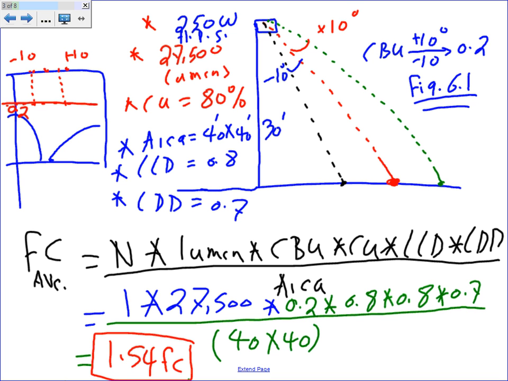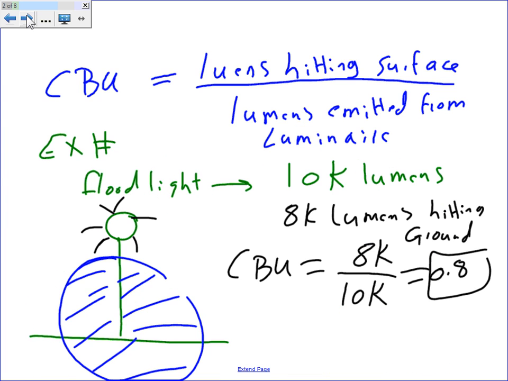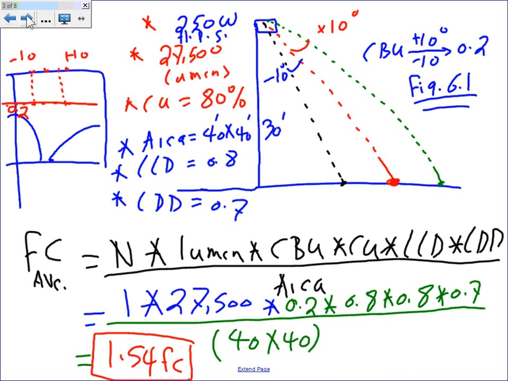So the LLD is lamp lumen depreciation. The lamp lumen depreciation factor is 0.8, and the luminaire dirt depreciation or dirt factor is 0.7, given. Any questions, guys, about the given?